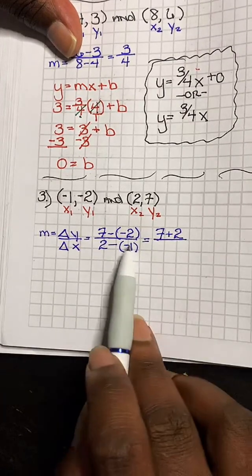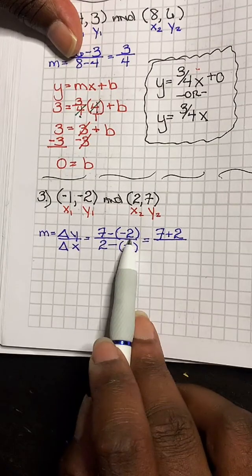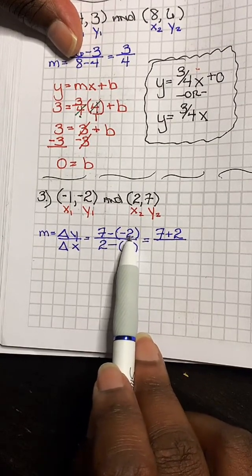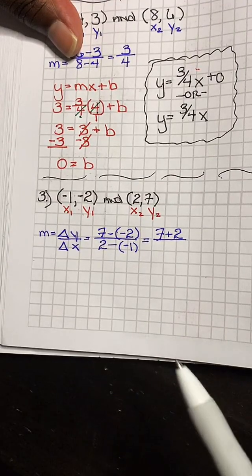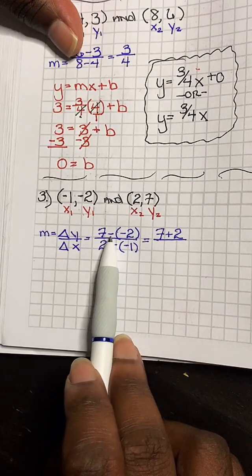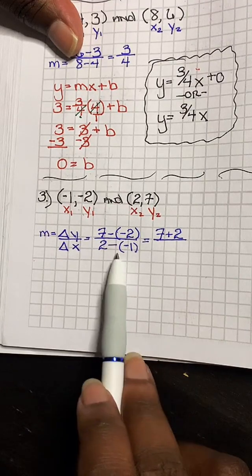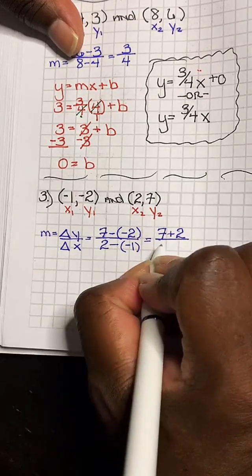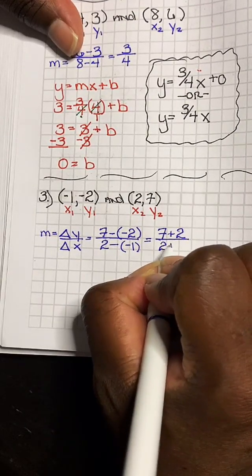Okay, so when you substitute, that's why I always put parentheses around my negatives, because I'm only replacing the y1s or the x1s with the negative 2. I'm not changing its sign just yet. So down here you have a 2 minus a negative 1, which gives us 2 plus 1.